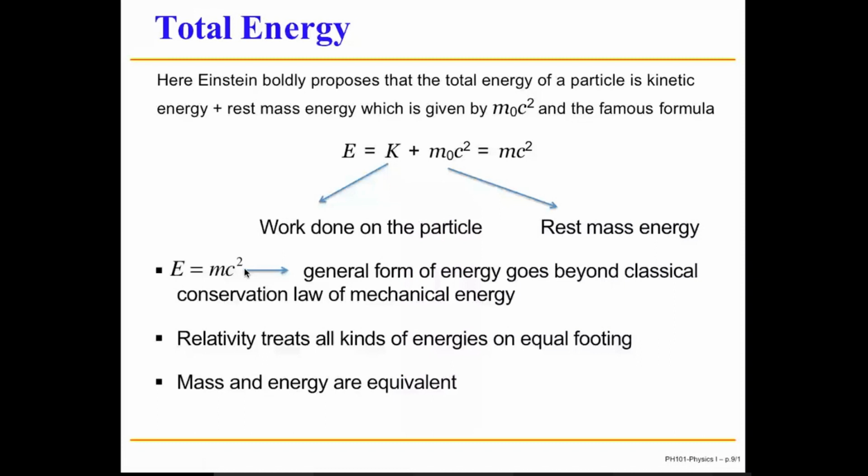I mean, the work done to bring that particle to that state of motion is given by K, and the other is the rest mass energy. So you can see, you have already heard about it, the physics enthusiasts, that Einstein had proposed that E is equal to mc square, and that was exploited in the first atom bomb.